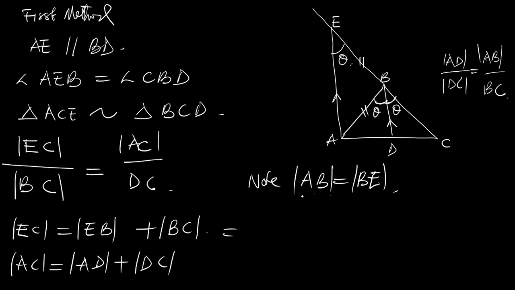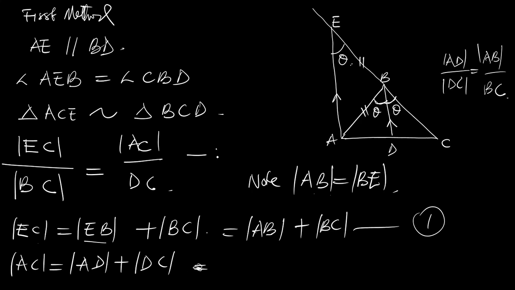Now, since AB is equal to BE, so this is BE or EB, then that means we have AB plus BC equal to EC. So now, having gotten all that, I can call this equation 1. Okay, let's call this one equation 1, equation 2, equation 3.